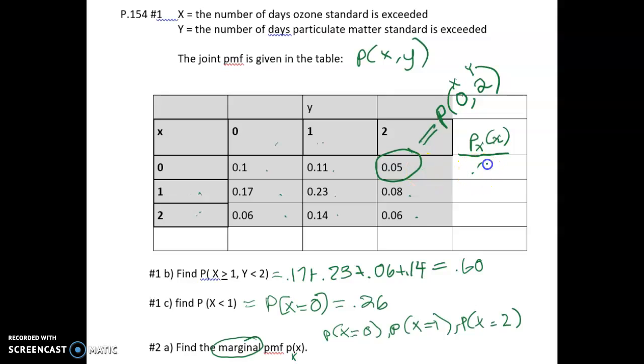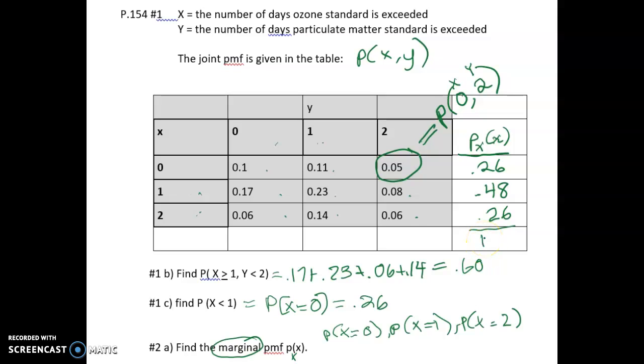We just found that: less than 1 was really equals 0. Probability that x equals 1, there's 3 ways that happens. Let's see, 0.48. Probability x equals 2, there's 3 ways it happens. 0.26. What should those add up to? They had better add up to 1, and they do.